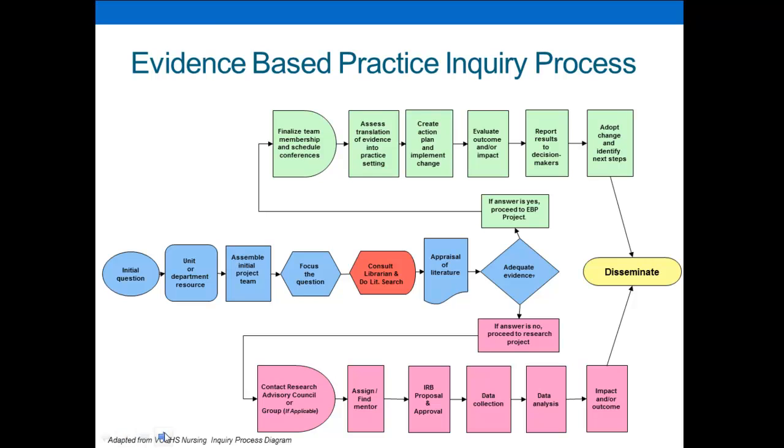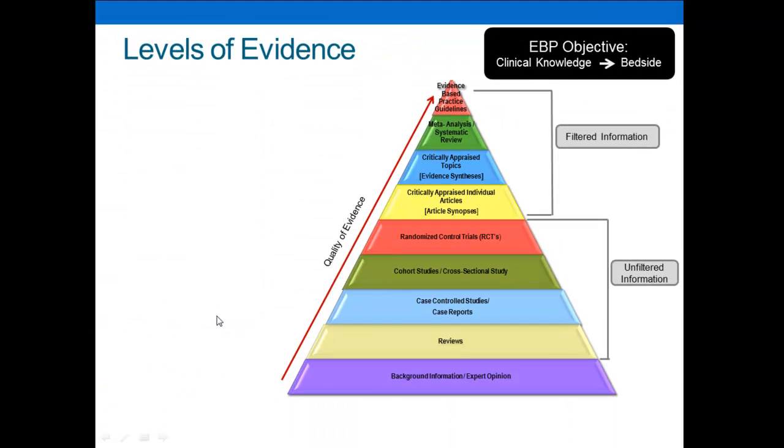Now, as you're doing that, one of the major things that you're going to have to do is look at evidence. What is the evidence telling you? And you're going to come across something that looks like this, which is the evidence pyramid. What it shows you is the level of evidence. When it comes to the level of evidence, it starts at the bottom with background information or expert opinion.